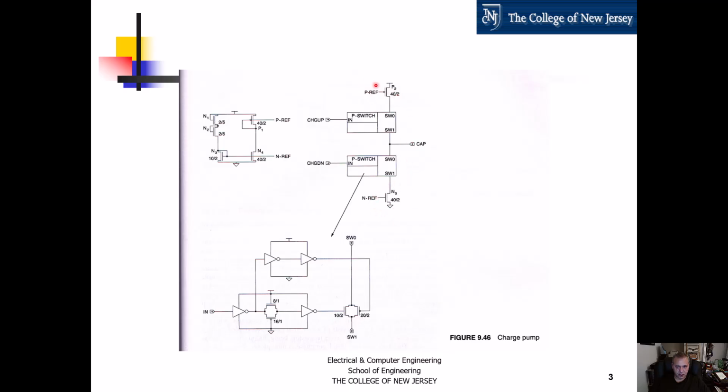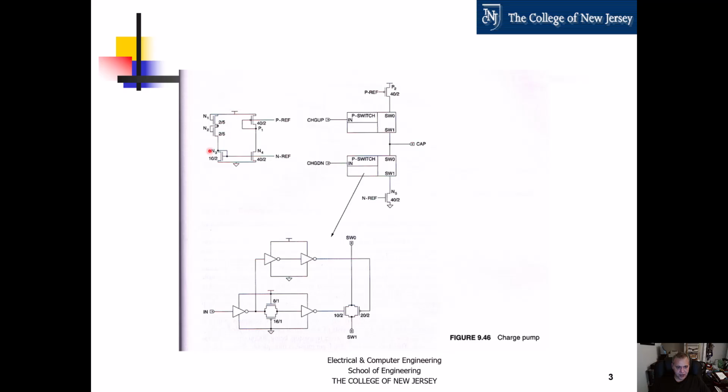This current source is going to be used to charge the capacitive network at the output, and this one is going to be used to discharge the capacitive network at the output, as controlled by the switches. The switches just connect the current sources to, or disconnect them from, the output. And of course, they're driven by the up or the down pulse inputs to the charge pump.